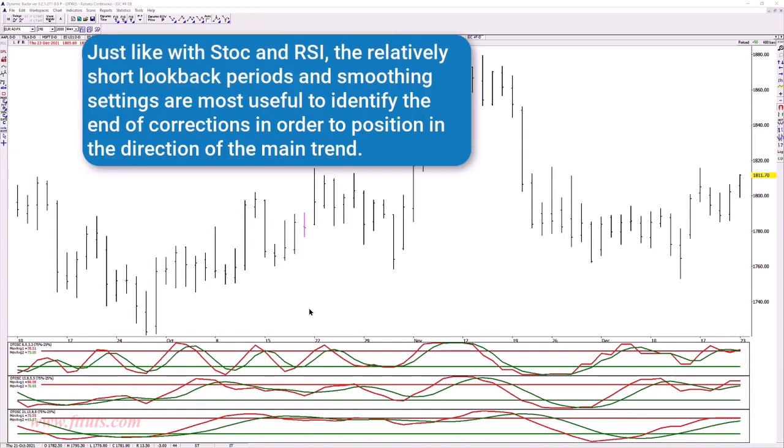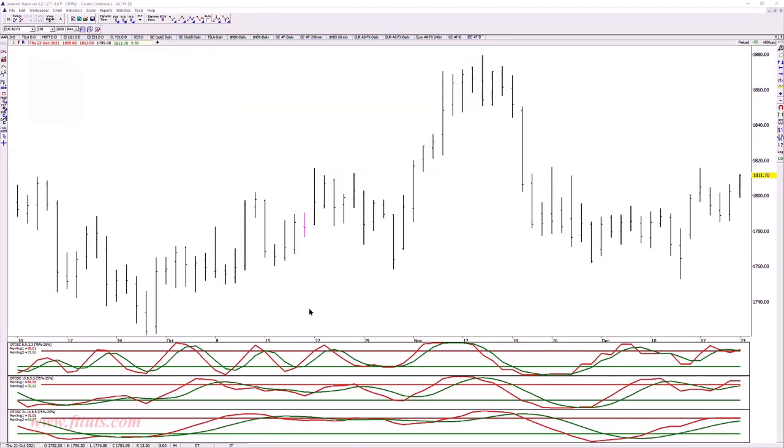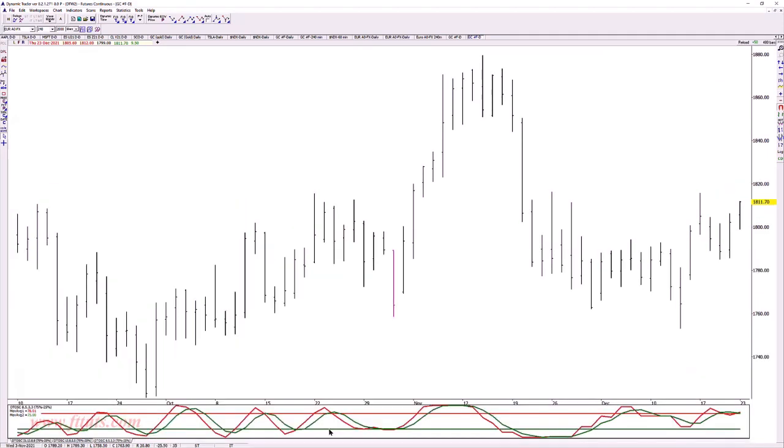Again, we don't make a decision based solely on the indicator, but we'll see how we use that information with our price and pattern information as well.